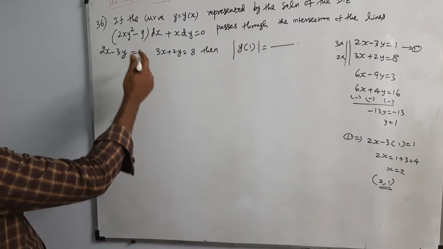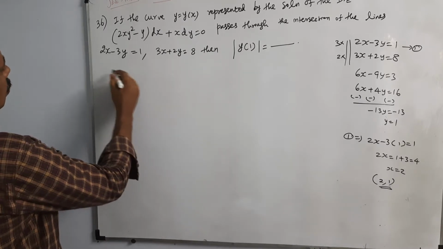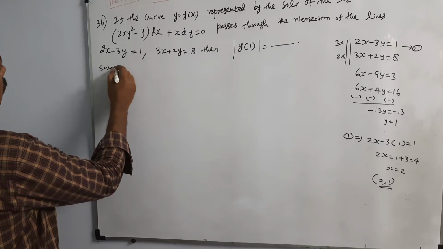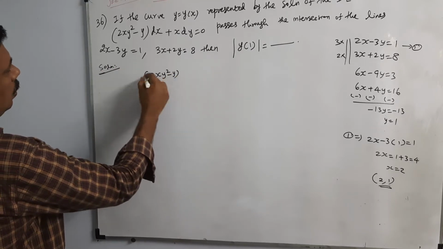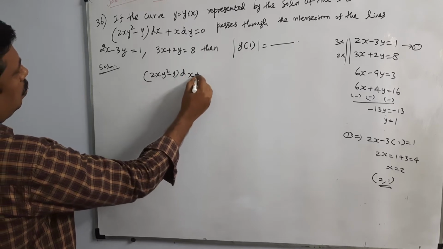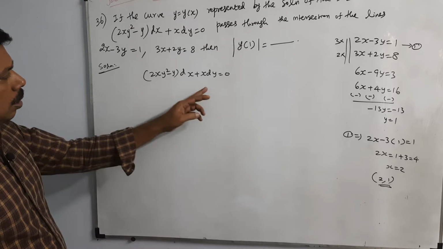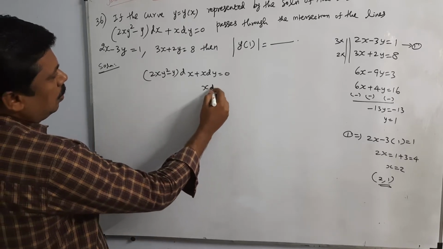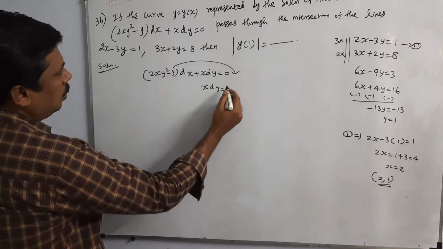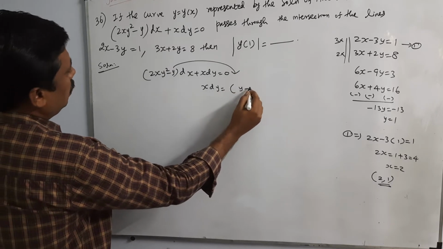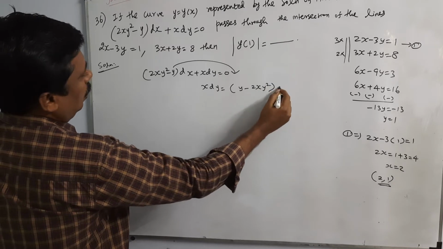Now take the differential equation: (2xy square minus y) dx plus x dy equal to 0. x dy equal to, taking the right side, (y minus 2xy square) dx.